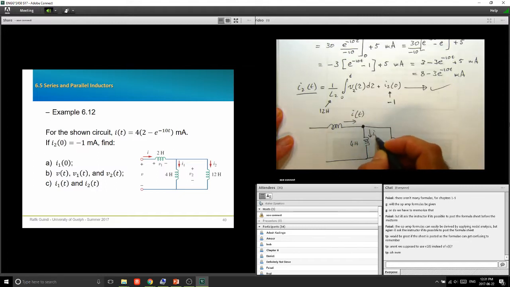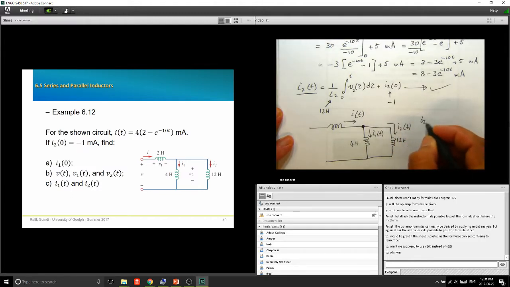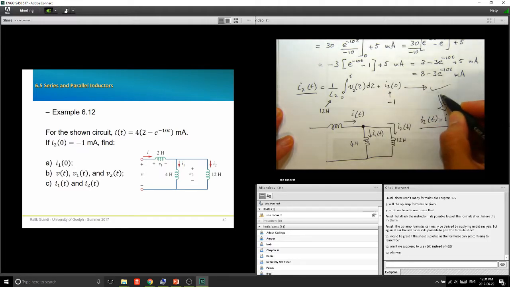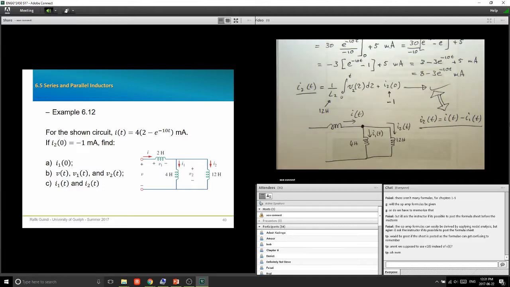I have here I1 of t, and here I have I2 of t. So I2 of t is equal to I of t minus I1 of t. So both of these are valid and should give you the same solution. Okay?